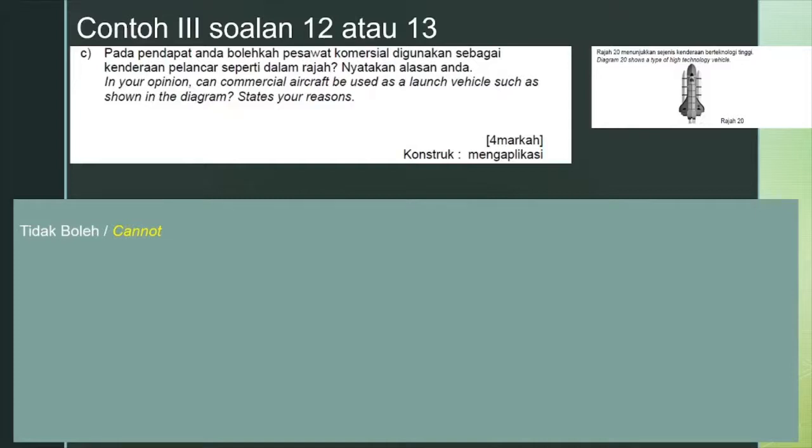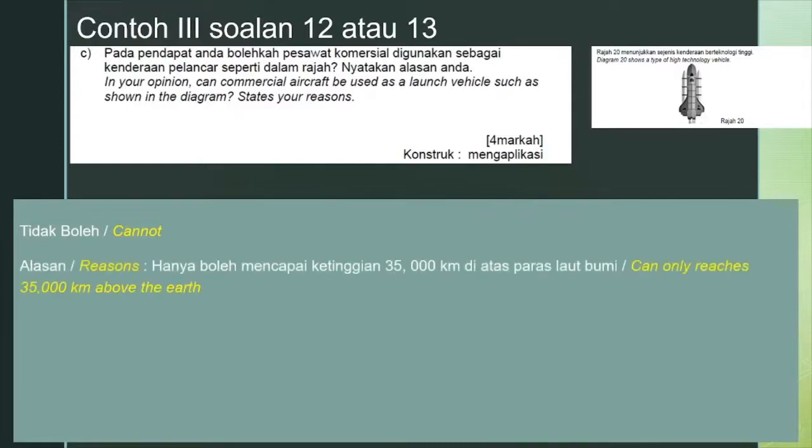Baiklah, bila kita pilih tidak boleh, apakah penerangan kita? Baik, the reason why we choose cannot, alasan dia, hanya boleh mencapai ketinggian 35,000 km di atas paras laut bumi, because it can only reach 35,000 km above the sea level on earth.